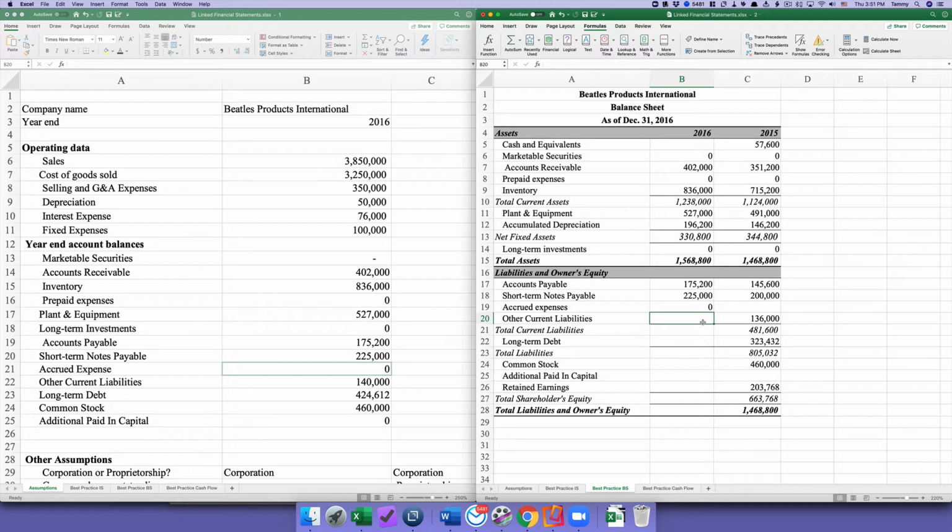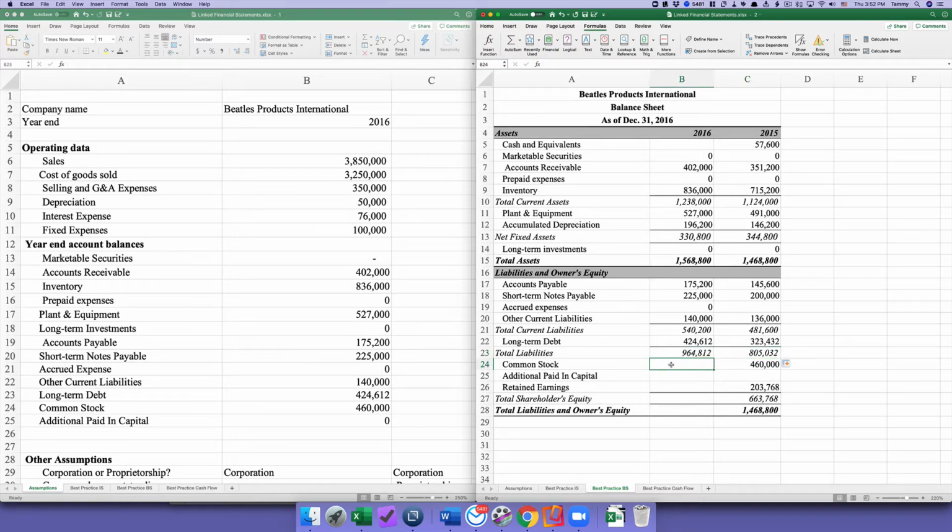Our other current liabilities were 140. Total we can copy over. Long-term debt we're going to pick up. So they took on more long-term debt. That means that their total liabilities, which we can take over, increased.